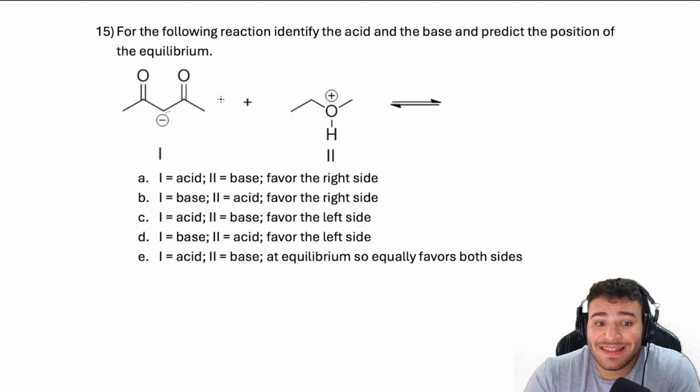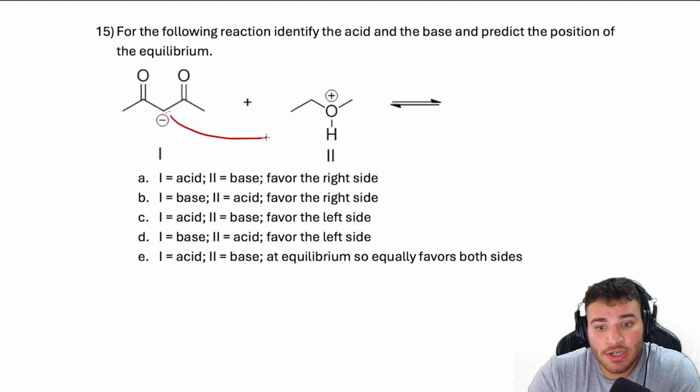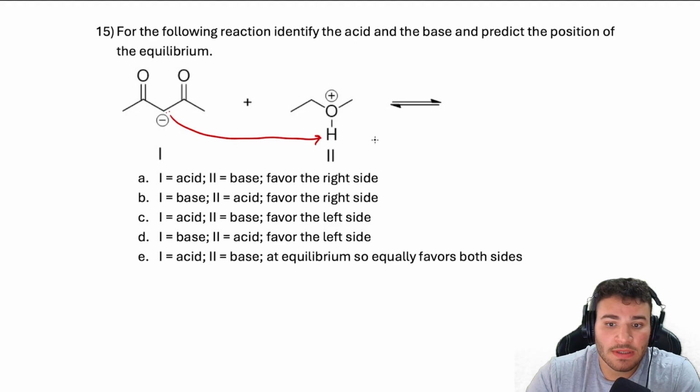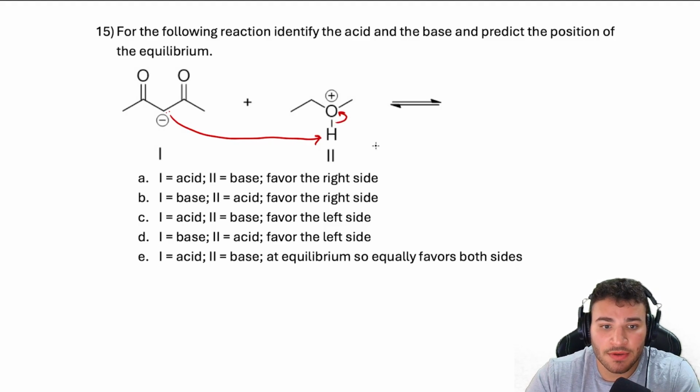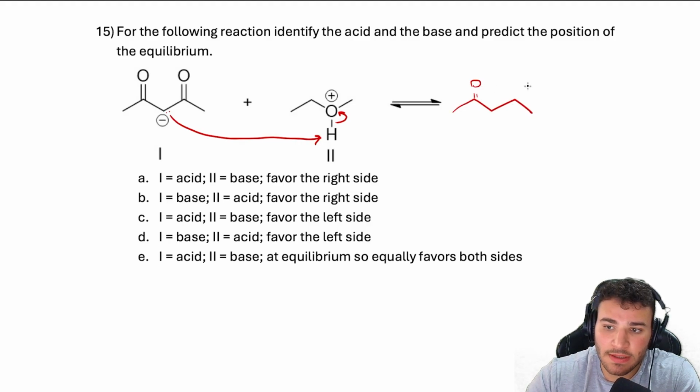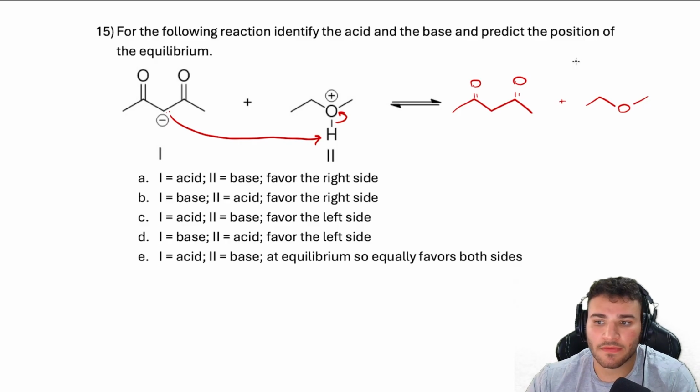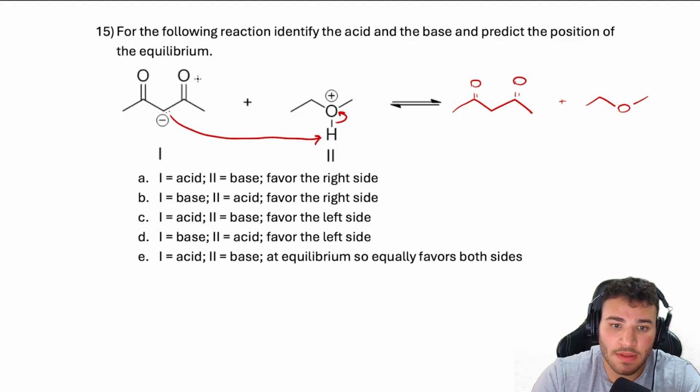And so this lone pair can reach out and grab one of these protons, and then this bond will break and the electrons will go over to the oxygen, meaning that our final products should be something like this. We don't really have any charges anywhere else. Remember that on the left side, our net charge was 0, and on the right side, our net charge was 0. Let's also label that this was our base, and this was our acid.